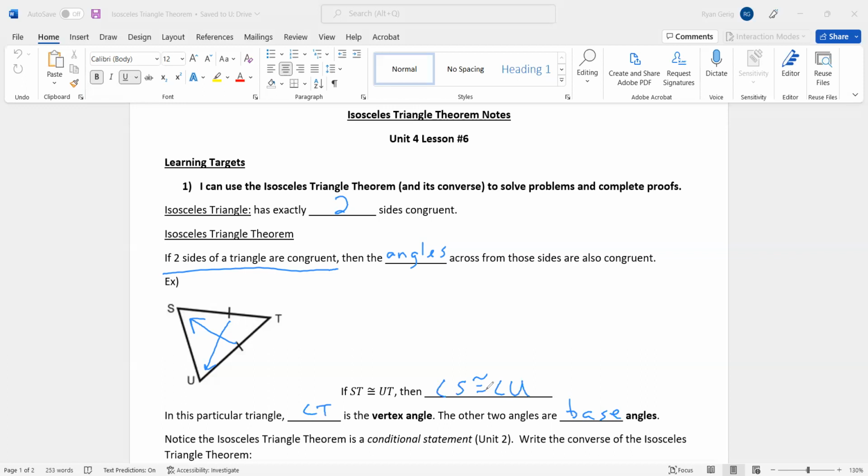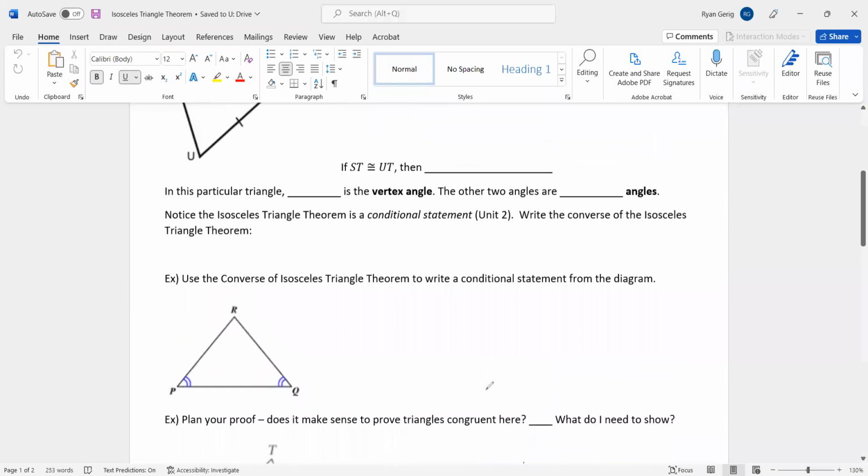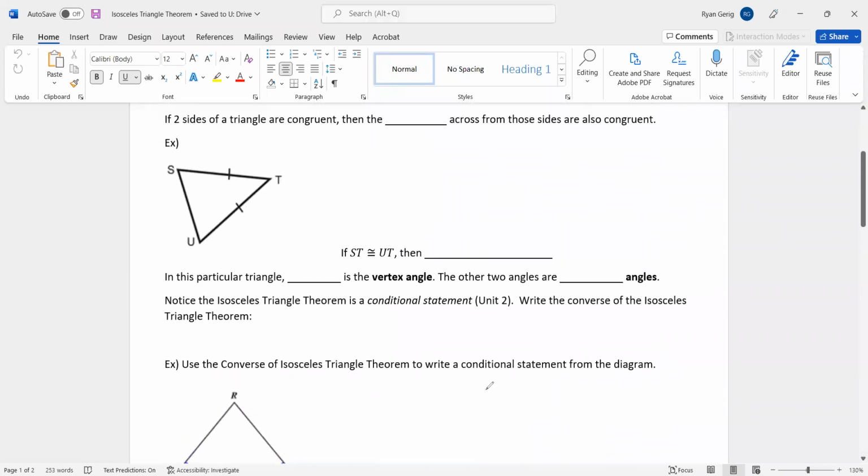Notice that the isosceles triangle theorem is a conditional statement that goes all the way back to unit 2. If-then. Write the converse of the isosceles triangle theorem. So I'm going to do some shorthand here. Just a little recap. That's the hypothesis: two sides of a triangle are congruent. The conclusion is the angles across from those sides are also congruent.